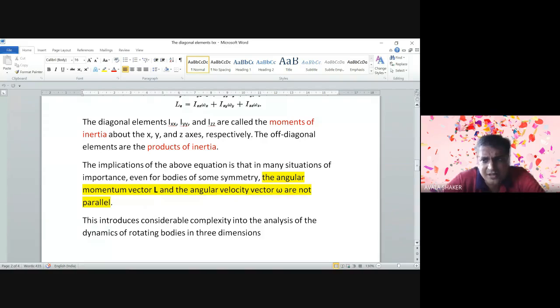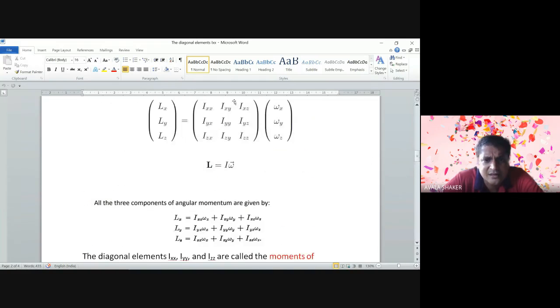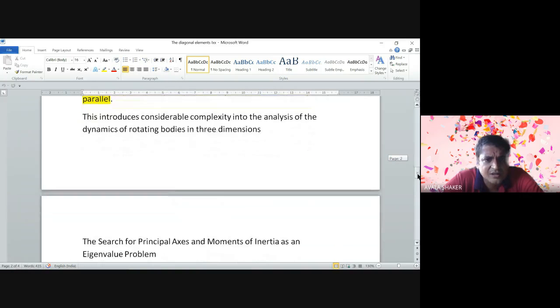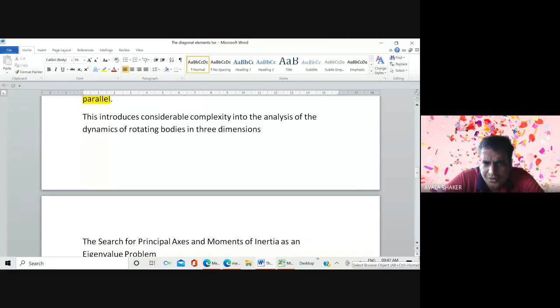If you get it symmetric, then your angular momentum vector will be in the direction of omega. Then this tensor, which is your moment of inertia, can be represented as a scalar. So this introduces considerable complexity in the dynamics analysis of rotating bodies in three dimensions.